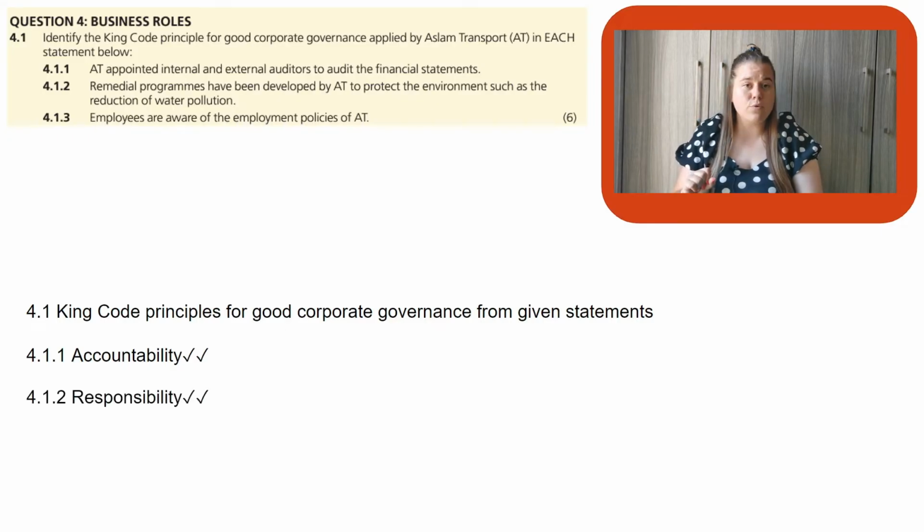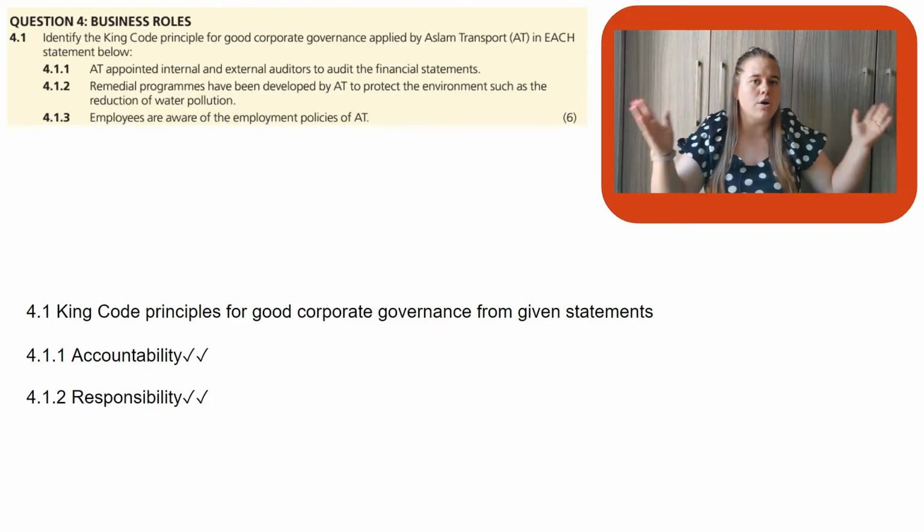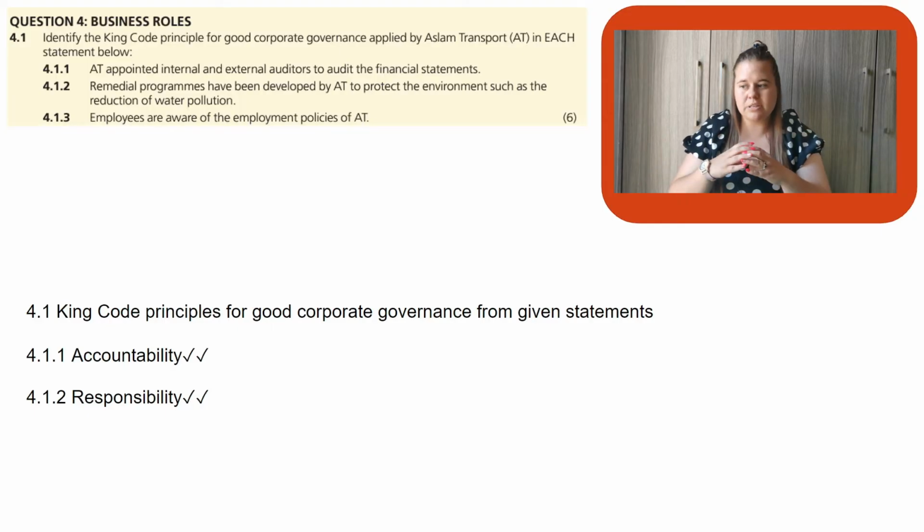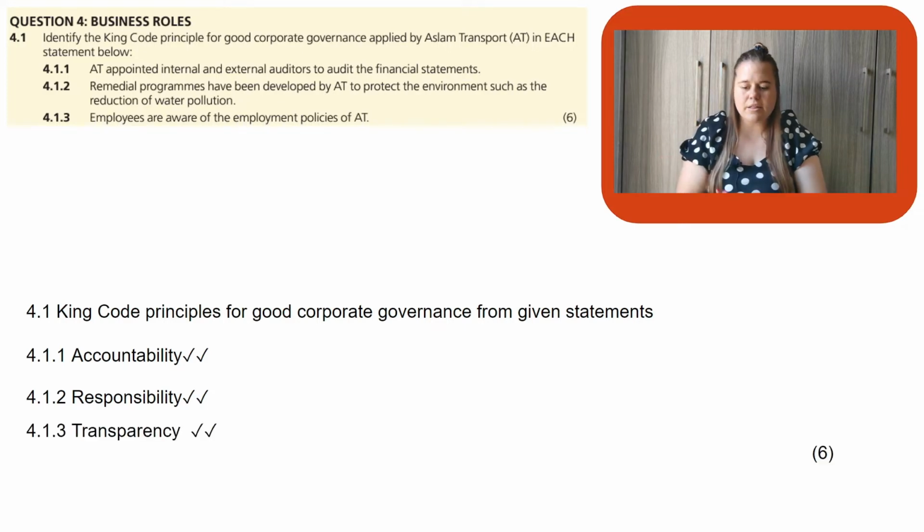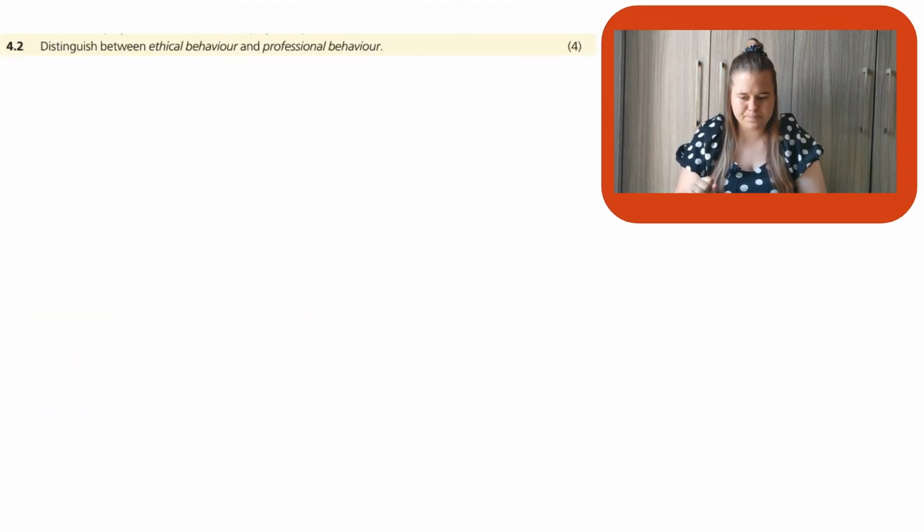Then 4.1.2 is responsibility. So you are responsible for how you look after the environment, how you as a business are contributing to saving the environment and trying to go green. Okay. And then the last one, transparency. Here, we need to be transparent in our policies and what we are communicating. All right. 3 questions there, for 6 marks.